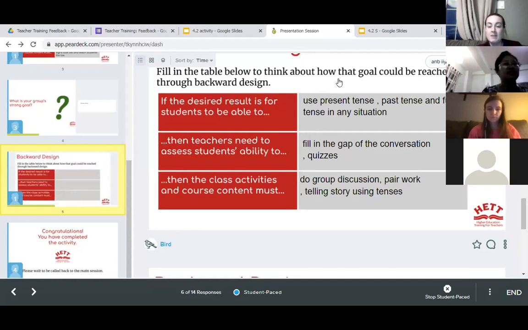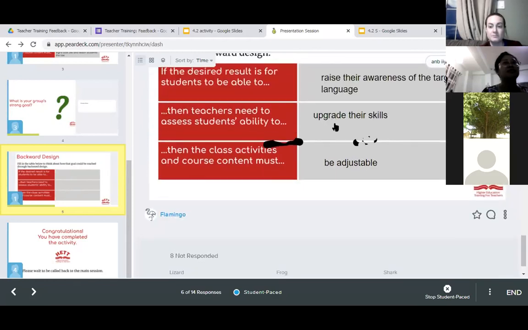You could say maybe ability to use present tense, past tense, and future tense in different situations, then the class activities and course content must maybe involve group work, pair work, telling stories, using the tenses, filling in the gaps of conversation, quizzes.